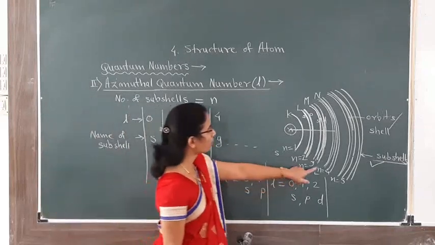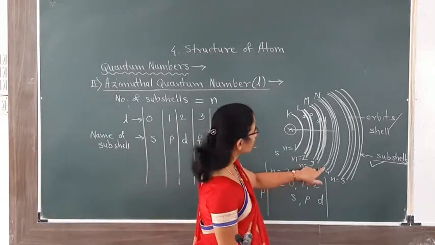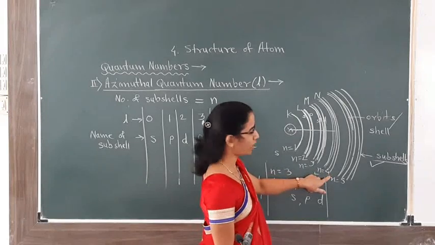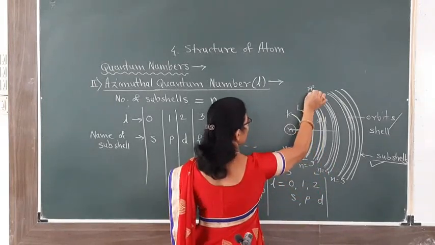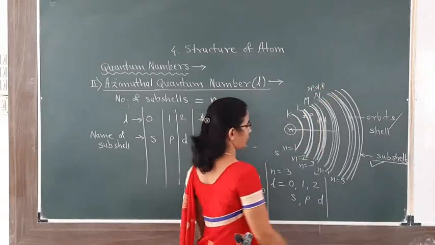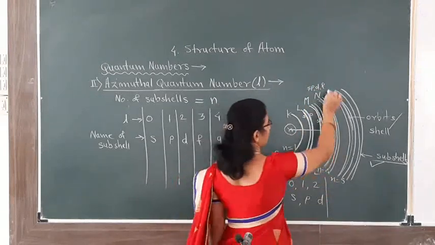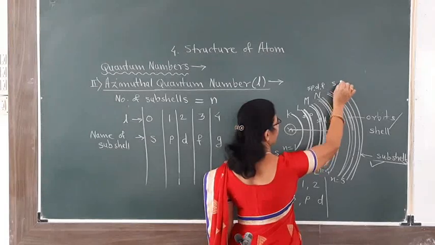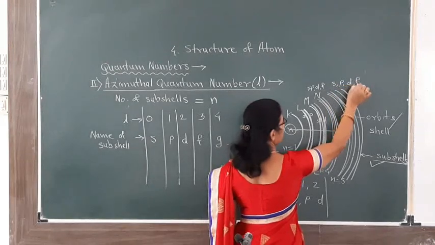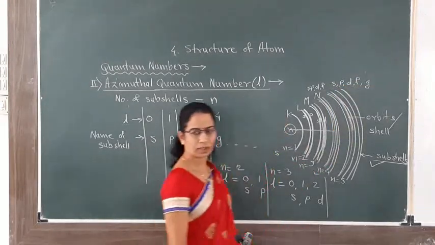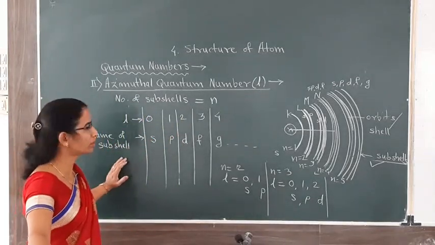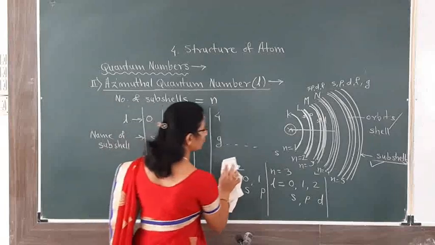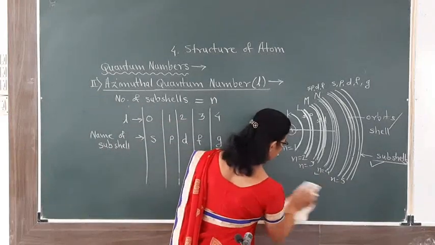Similarly, you can find the names of the subshells present in the fourth shell, and the names will be s, p, d and f. In the fifth shell, 5 subshells will be present, named as s, p, d, f and g. In this way, you can find the names of the subshells present in a main shell.